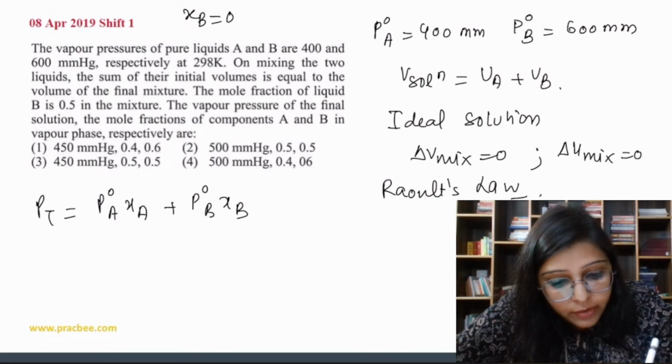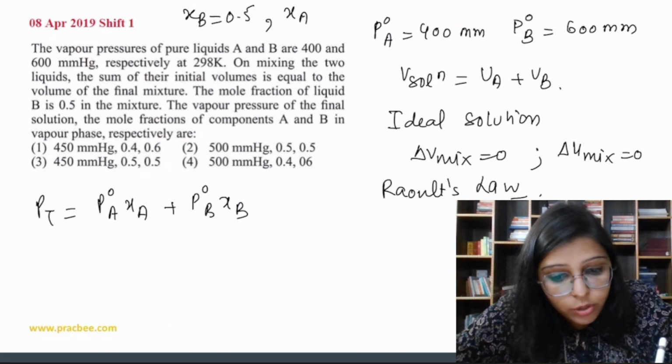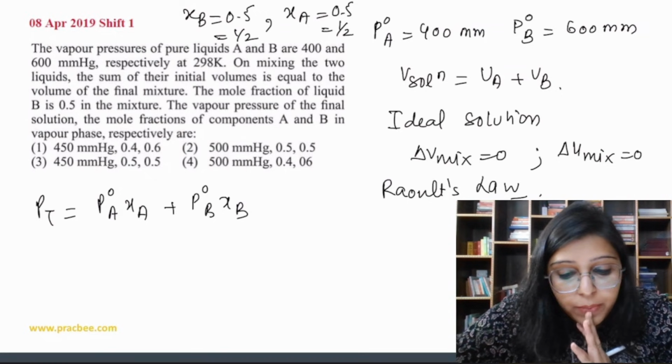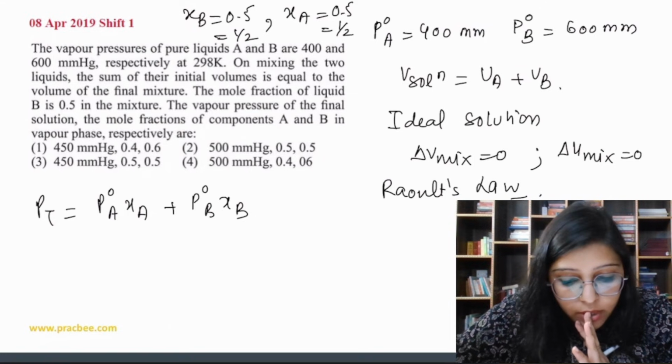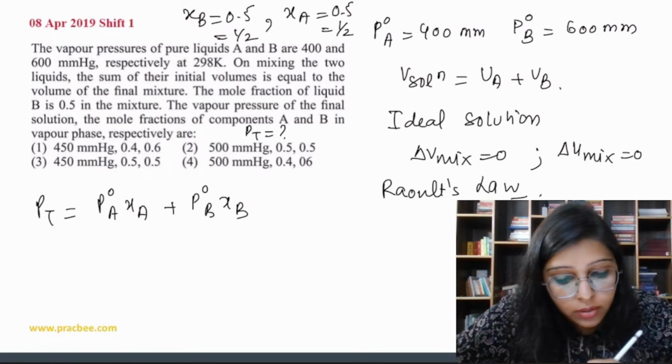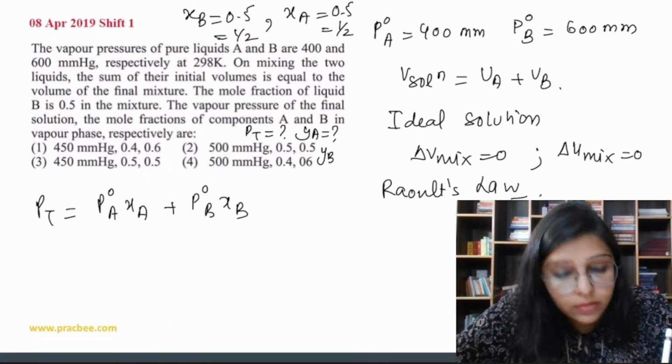XB is equal to 0.5. So it means XA is equal to 0.5, or we can say 1 by 2. Clear? For the vapor pressure of the final solution, we have to find the total pressure and the mole fractions of components A and B in the vapor phase. We have to find YA and YB.